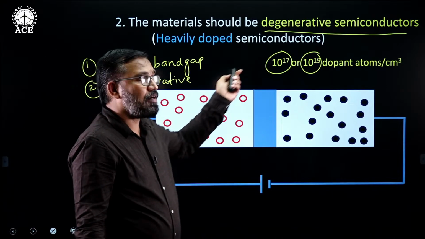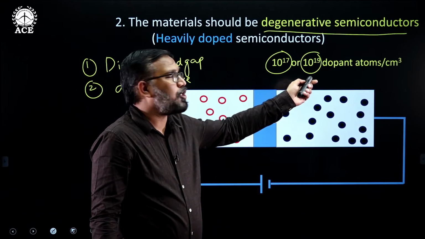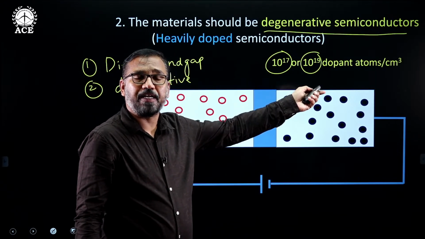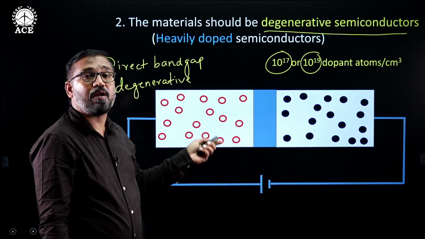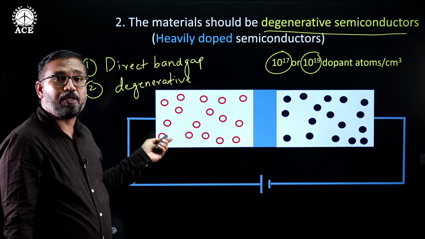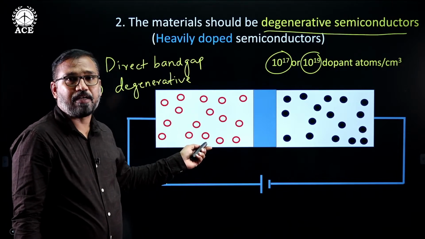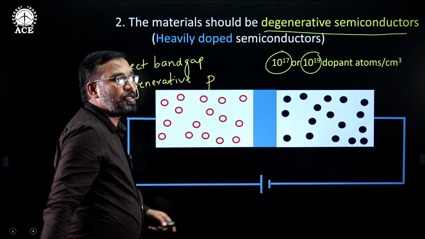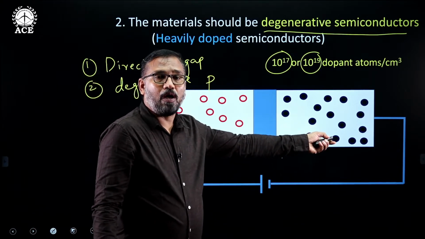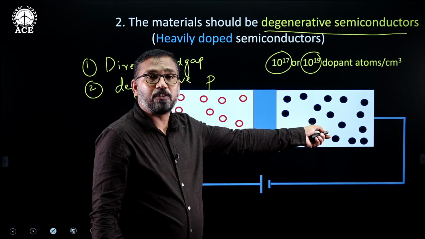When that many trivalent atoms are doped into the tetravalent material, we get a p-type semiconductor.